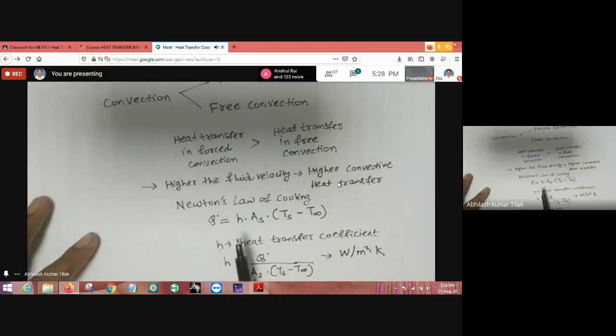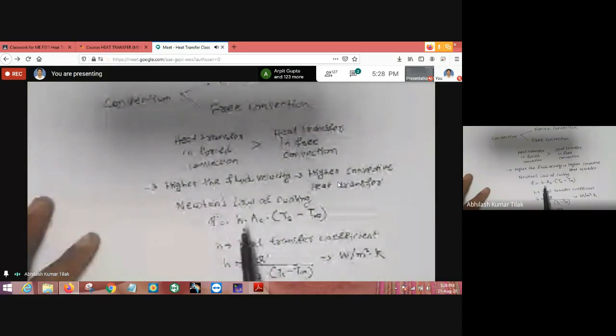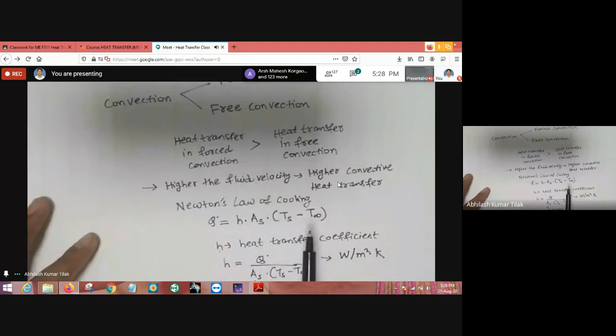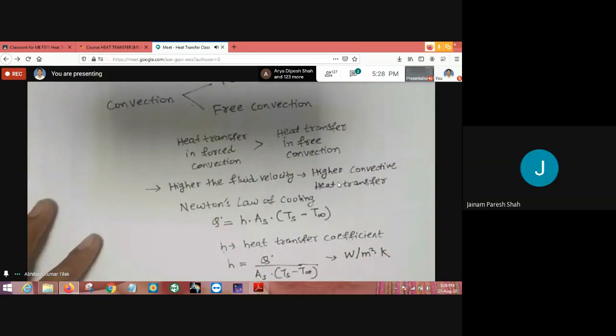H gives an idea about how much amount of the heat is being convected away from the surface. So for any process, I would say H is a constant quantity. I hope it is clear. Okay, sir. Thank you, sir.